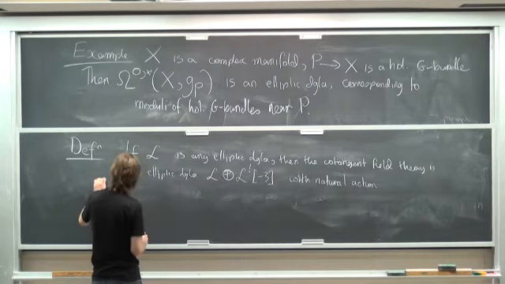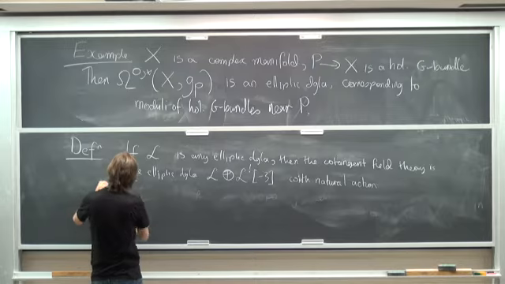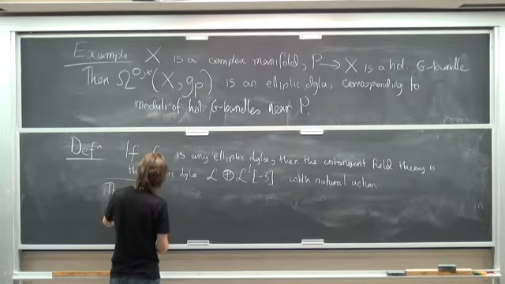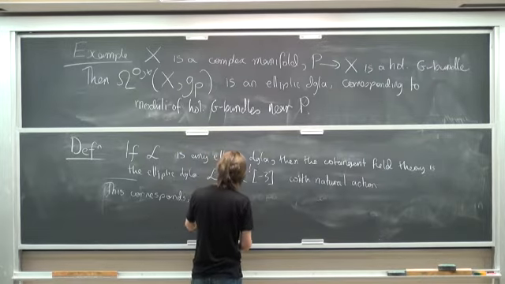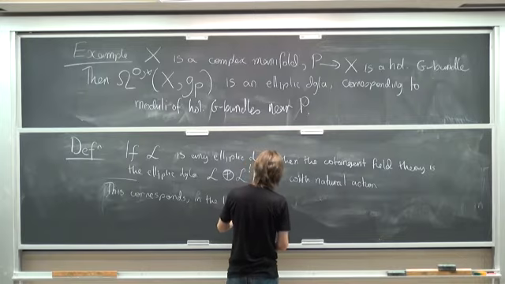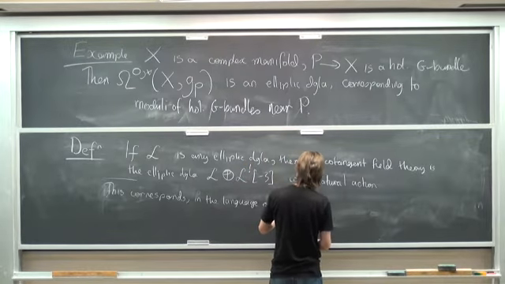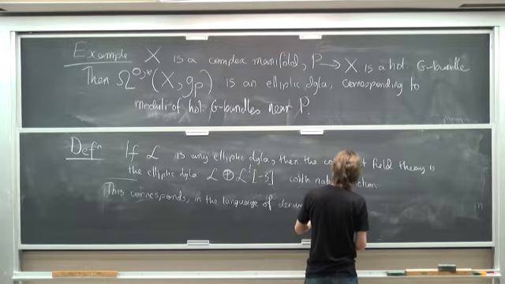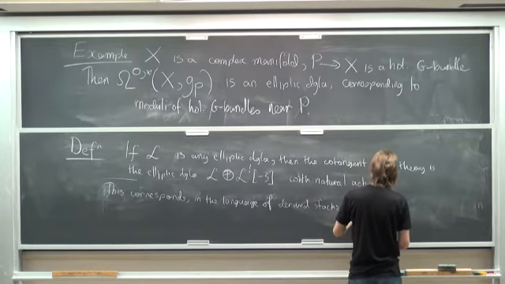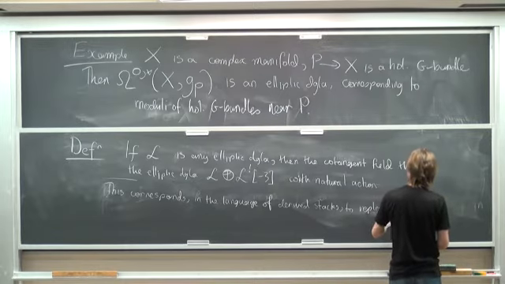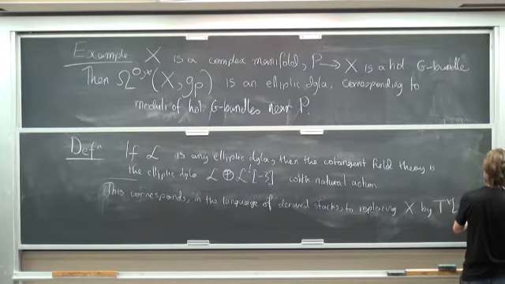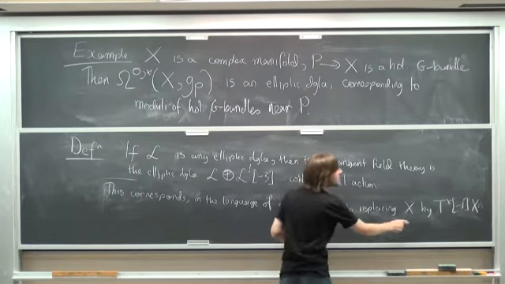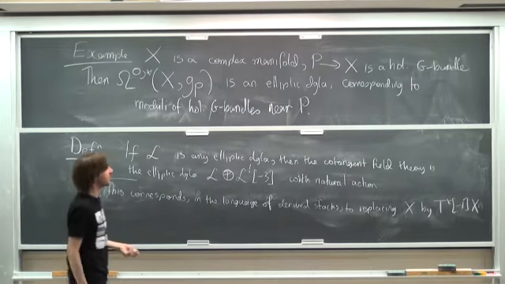So this corresponds, in the language of derived stacks, to replacing X by some shifted cotangent bundle of X, which, of course, automatically has a symplectic form of the correct degree.